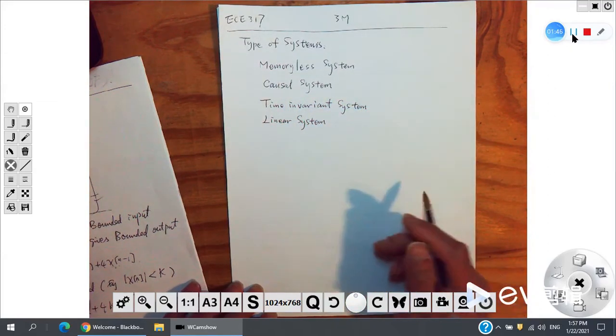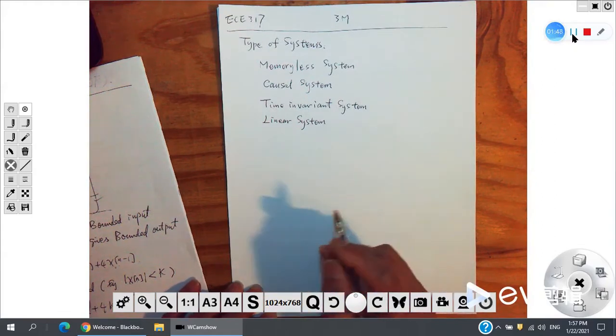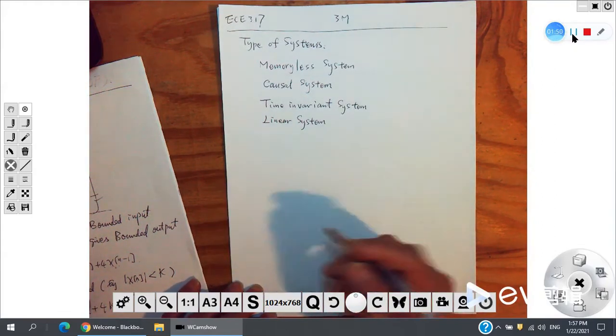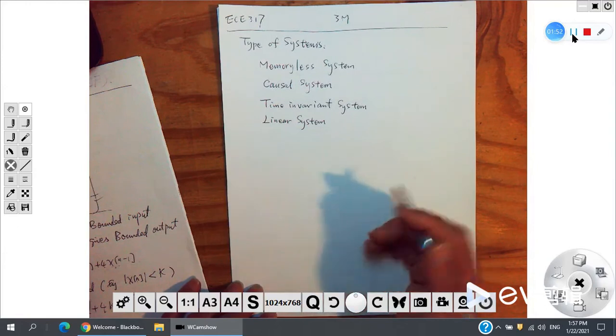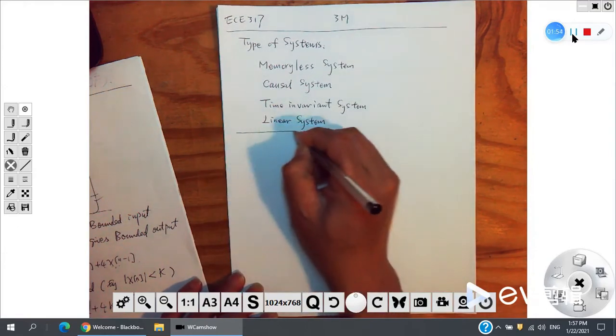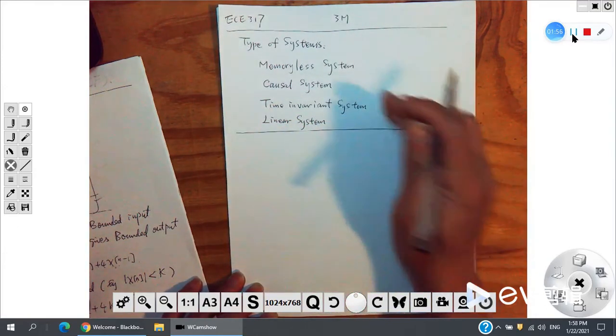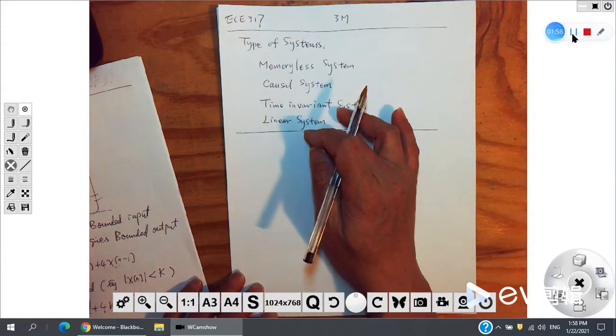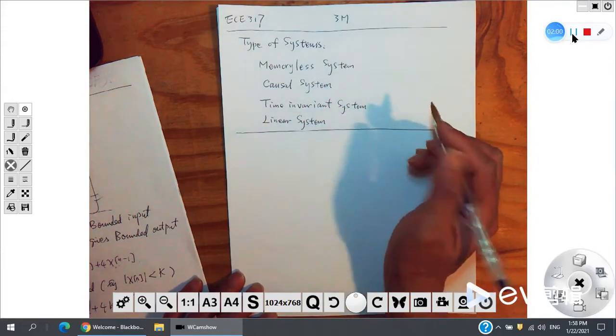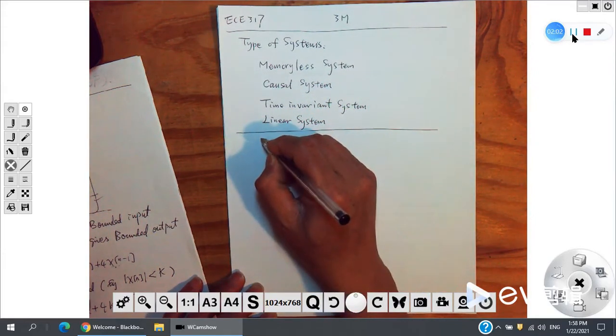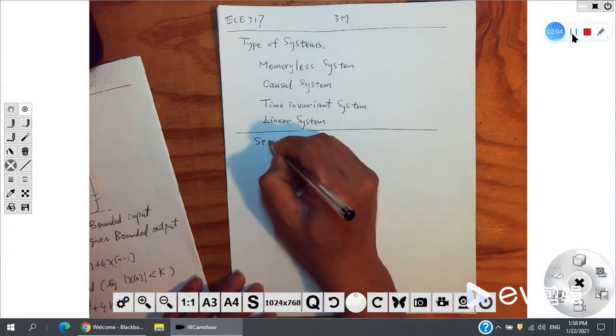If you do some linear operation on the input, then the output will have the same linear operation. So this is 1, 2, 3, 4, and we have more systems. Now we consider the stable system.